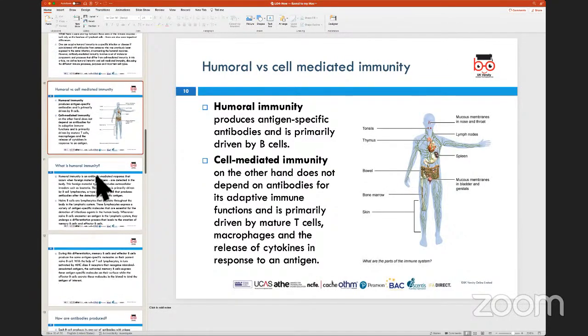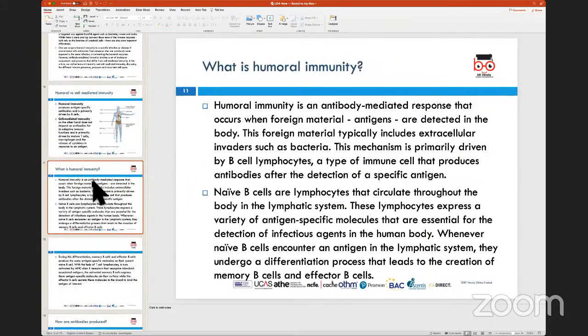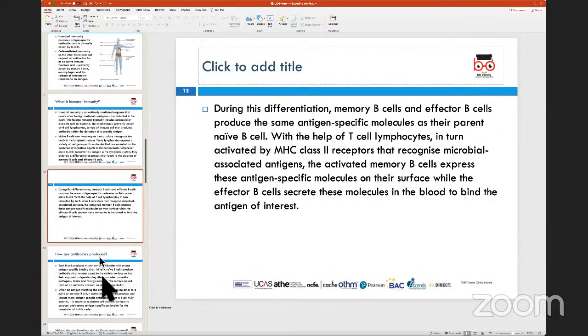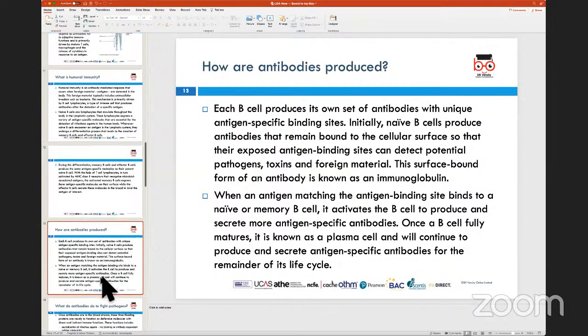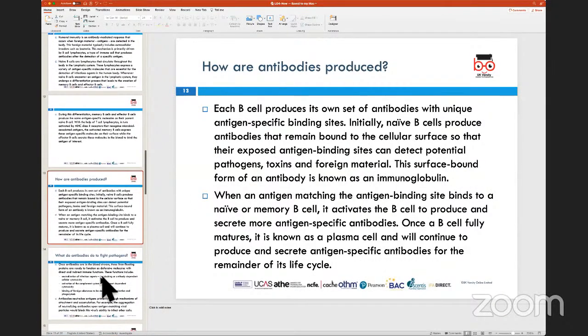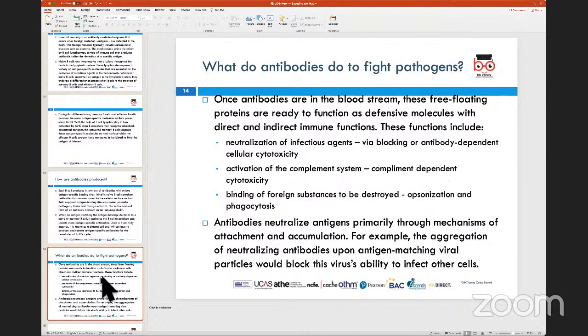So when we look at going further, I've created a few slides which primarily explain what is humoral immunity. And I've also explained how antibodies are actually produced in the human body, and what type of antibodies actually fight the antigens, which are specific to a particular pathogen.